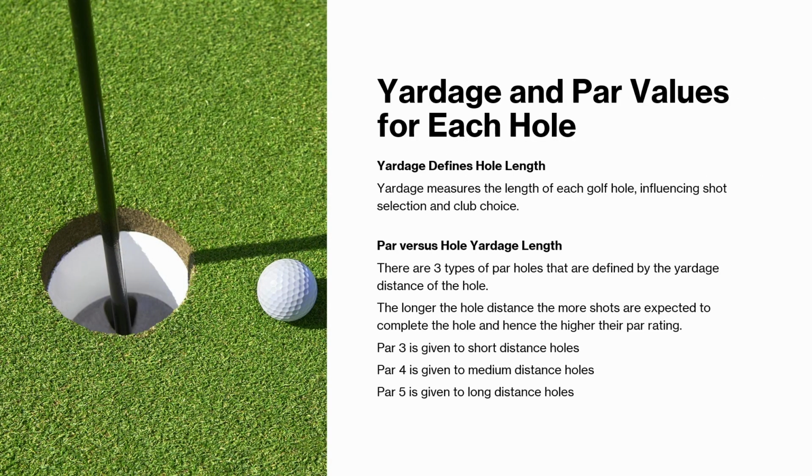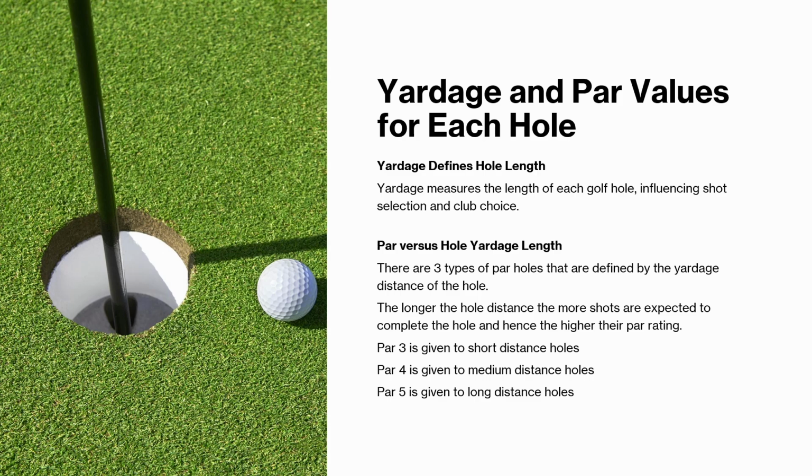Every hole on the golf course is going to be a different length, and that length is defined by the yardage of each hole. The yardage of the hole also influences the shot selections that you're going to make from tee to green. Now, regarding par versus yardage and length, there are three types of par holes.